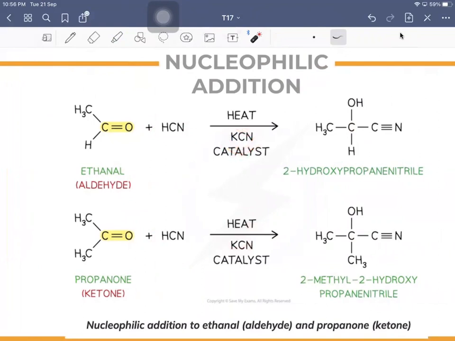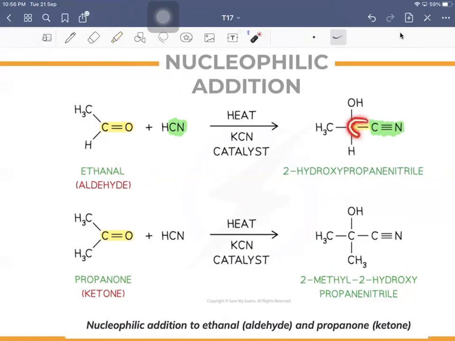What happens is that your C double bond O will break as a single bond, and your cyanide ion will be added to that carbon. So if I highlight your cyanide ion, then your cyanide ion ends here. The new bond being formed is this single carbon-carbon bond.